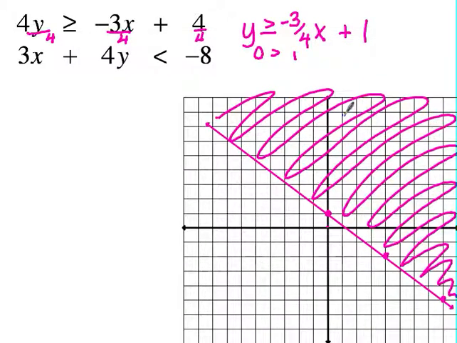So now let's look at the next one. The next one is in what form? That's in standard form, so I could change it to slope-intercept, or I could use my nifty little trick. Remember, the slope in standard form is negative a over b. So what will it be? Negative 3 over 4.